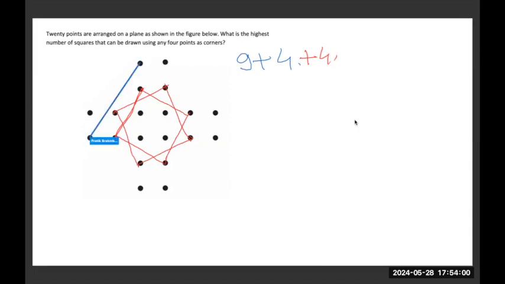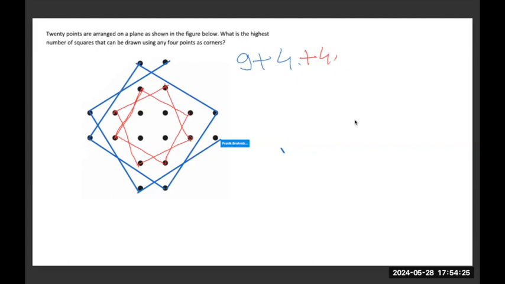The same thing happens. So again, plus 4. So when you add this up, it comes to 21.